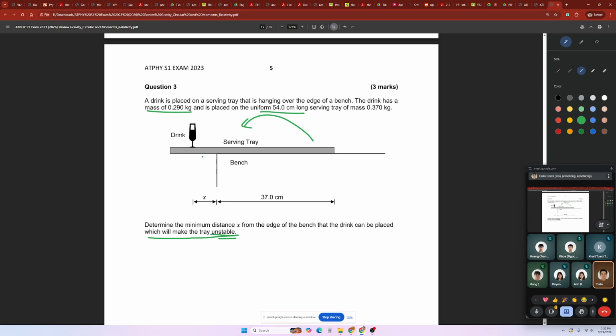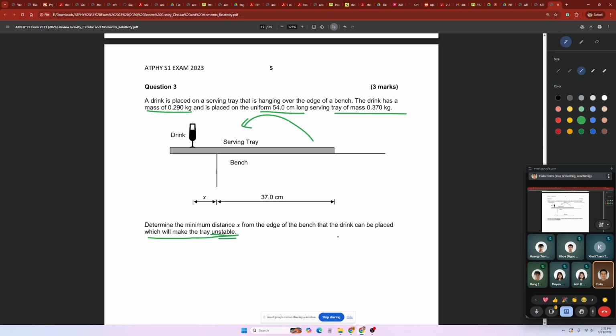Uniform length of this, and then we have our tray mass. Determine the minimum distance from X that the drink can be placed to make the tray unstable.